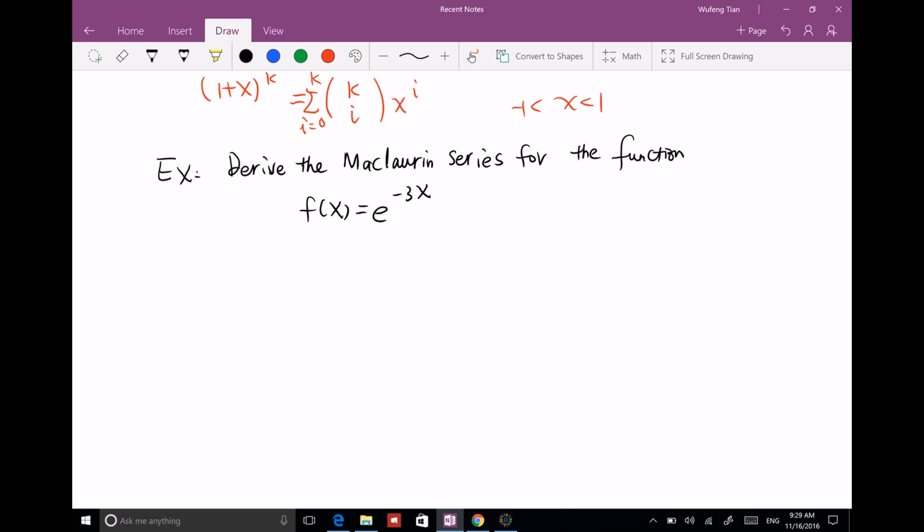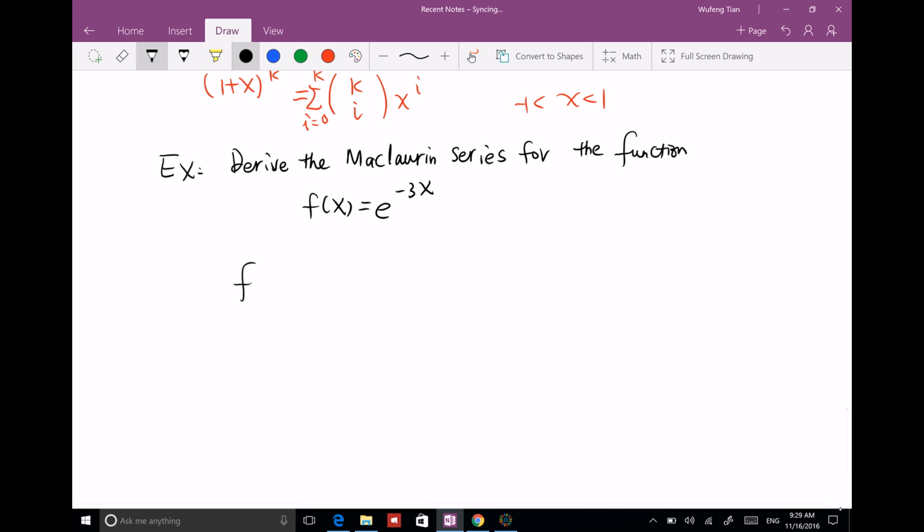f of x equals e to the negative 3x. f prime of x equals negative 3 e to the negative 3x. f double prime of x equals 9 times e to the negative 3x.